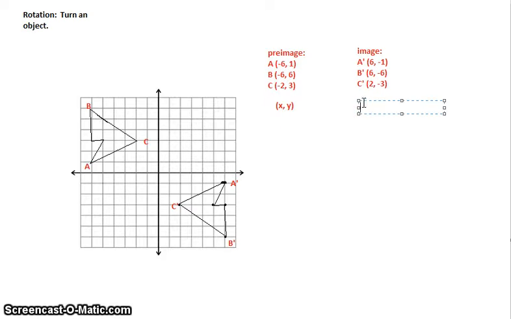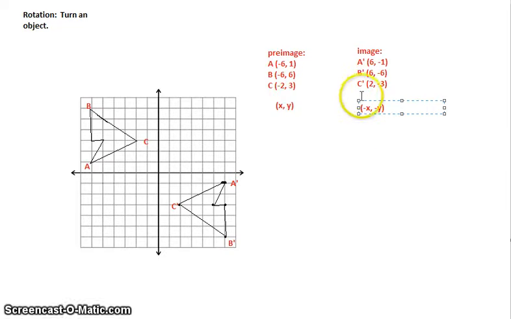So in order to get from my pre-image to my image, I'm going to have to put a negative in front of my x, just like I do with my reflection. Now I'm going to compare my y's. This number and these numbers are the same, except that this number is the opposite of this number. So in order to make it opposite, I'm going to have to put a negative in front of my y.